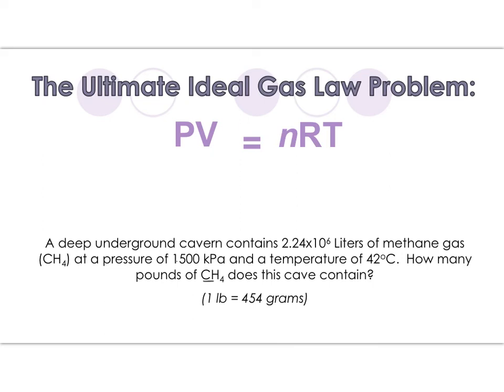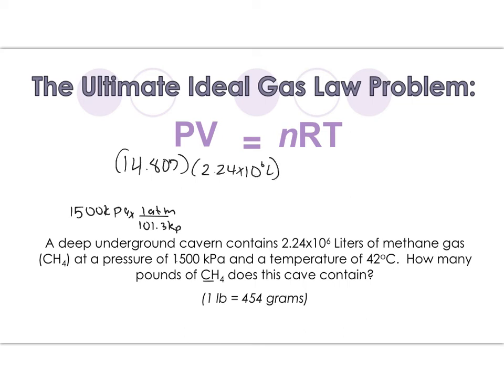So you want to start this problem by first changing your kilopascals to atm. We know that 101.3 kilopascals is 1 atm. So when you do this, you're going to get 14.807, somewhere around there. Your volume is already given in liters, so you can just plug that in.